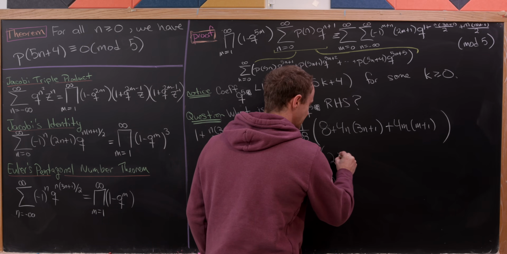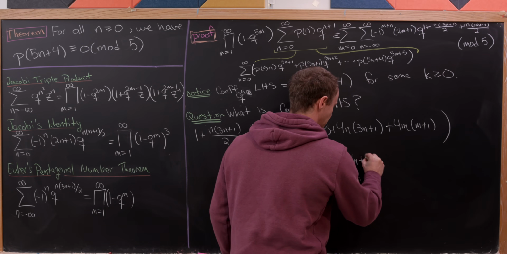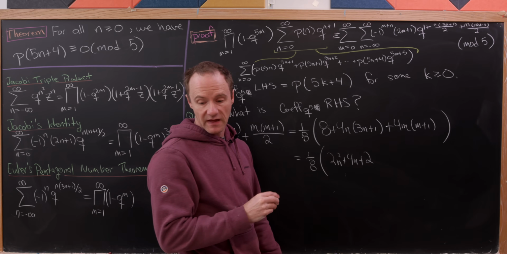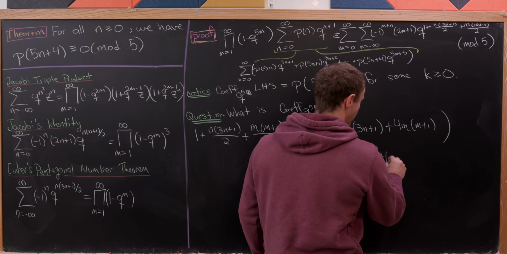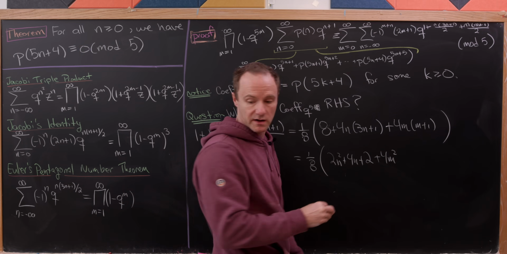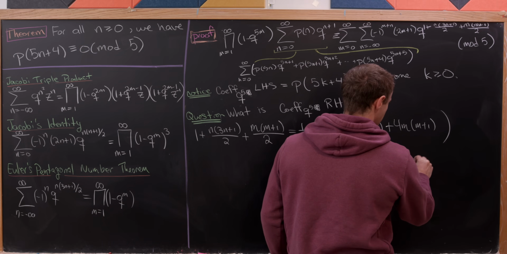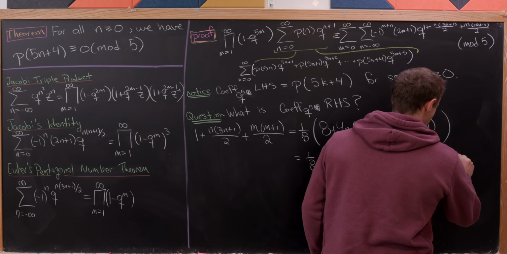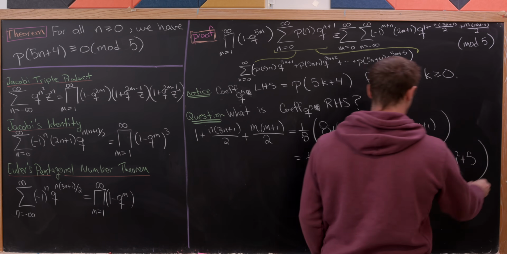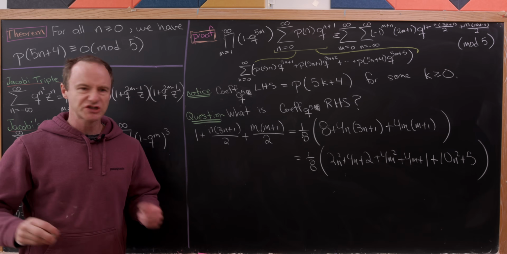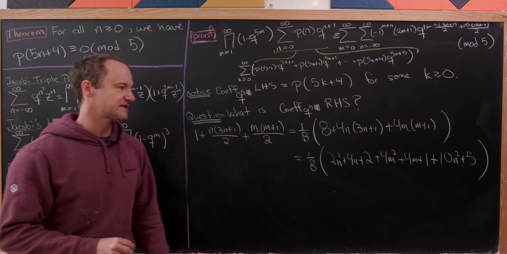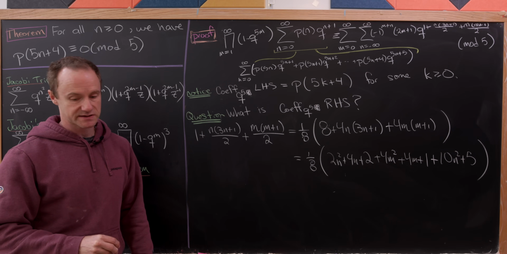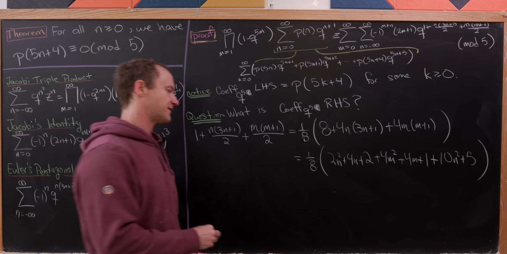We'll have 2n squared plus 4n plus 2. And then we'll have 4m squared plus 4m plus 1. And then finally we'll have 10n squared plus 5. So that's just from expanding out what's in the parentheses and then resorting it. And now I'm going to reduce this thing mod 5.